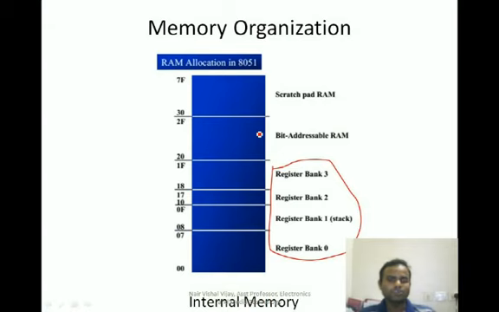So such operations can be performed in this RAM memory, that is bit addressable RAM. And then the remaining area of the RAM, that is from 30 to 7F, is used for general purpose registers, or it is also called scratchpad RAM, which is byte addressable, and you have to address them with their memory location address.